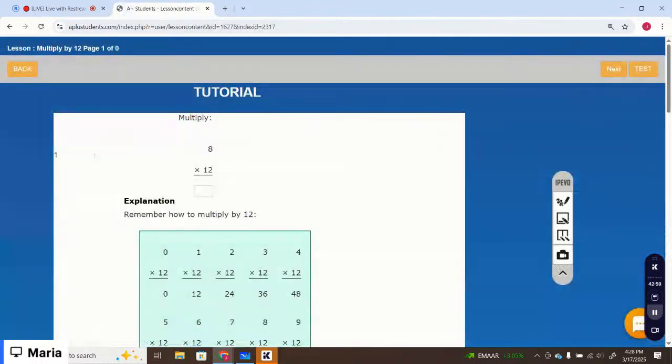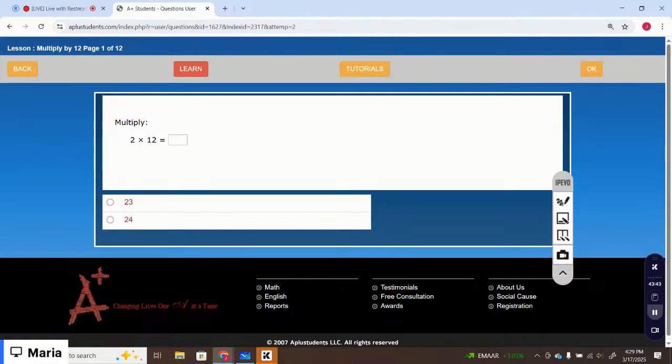That is multiply by 12. 8 times 12, which is the correct option? 12 times 8 is 96. Let's just start with the test questions.